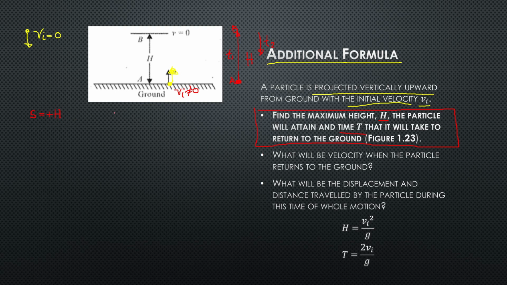Then vi is the initial velocity and the final velocity will be equal to 0. That's the time when it reaches its highest point or maximum height. So the final velocity is always equal to 0. Then for the total time taken, let's consider point A to B, motion A to B.